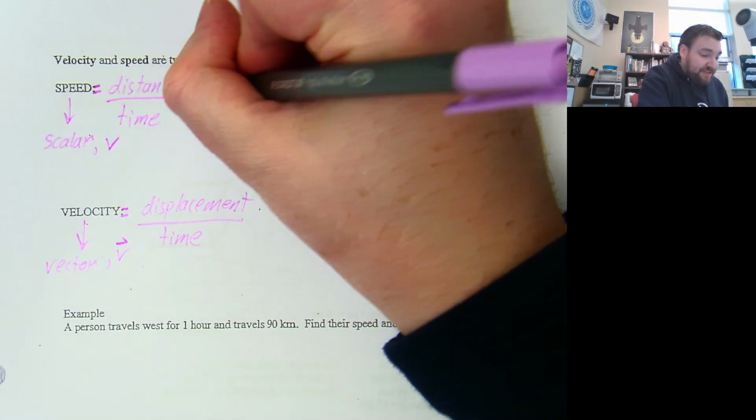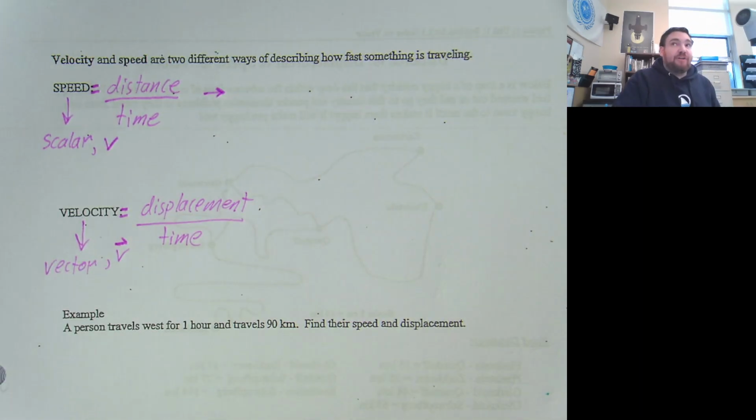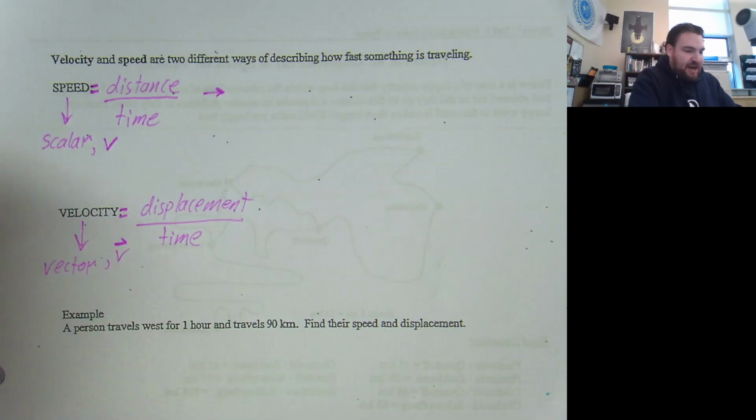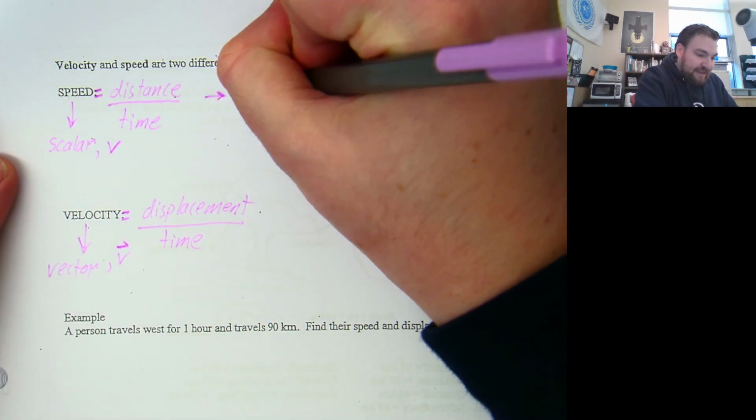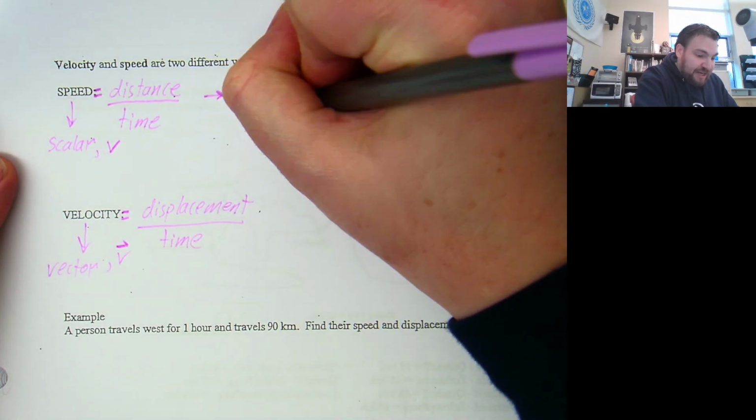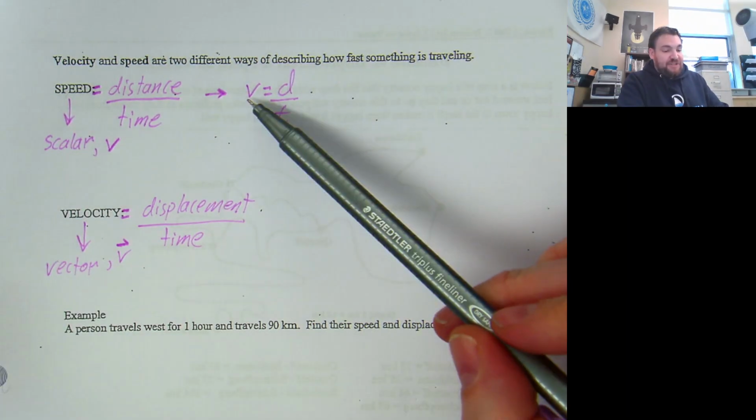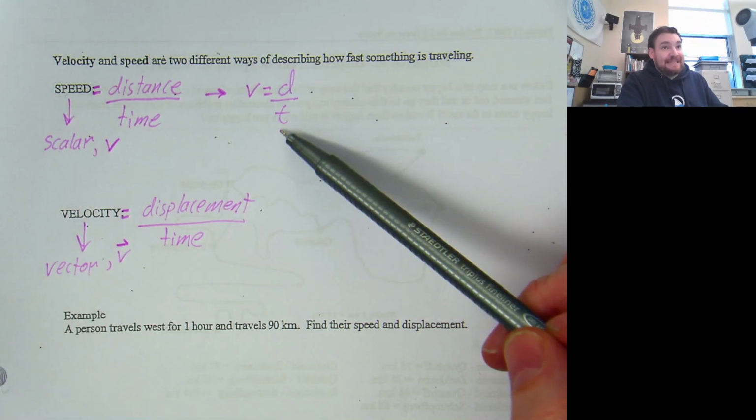So we condense this. I'm going to provide you with your first set of formulas found on the top back side of your formula sheet. Speed is distance over time. So then it's going to be written like this: v equals d over t. v is speed, d is distance, t is time.